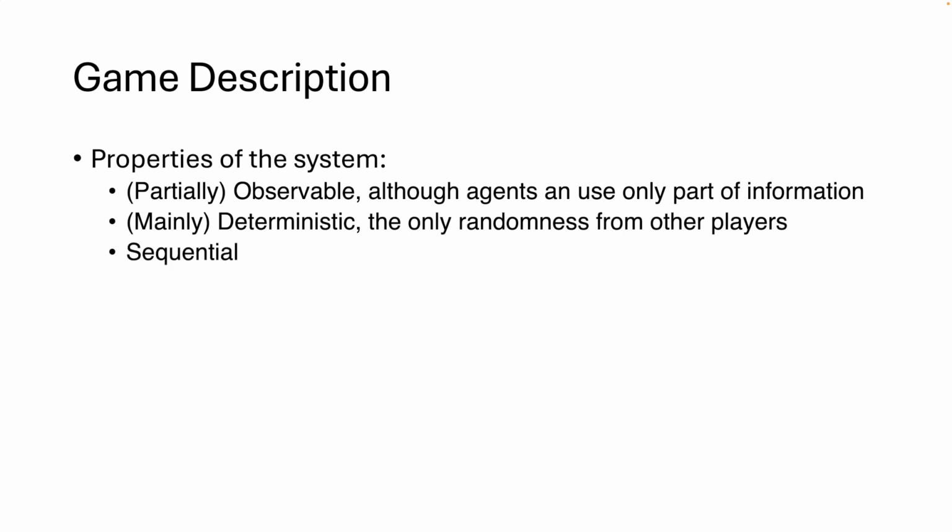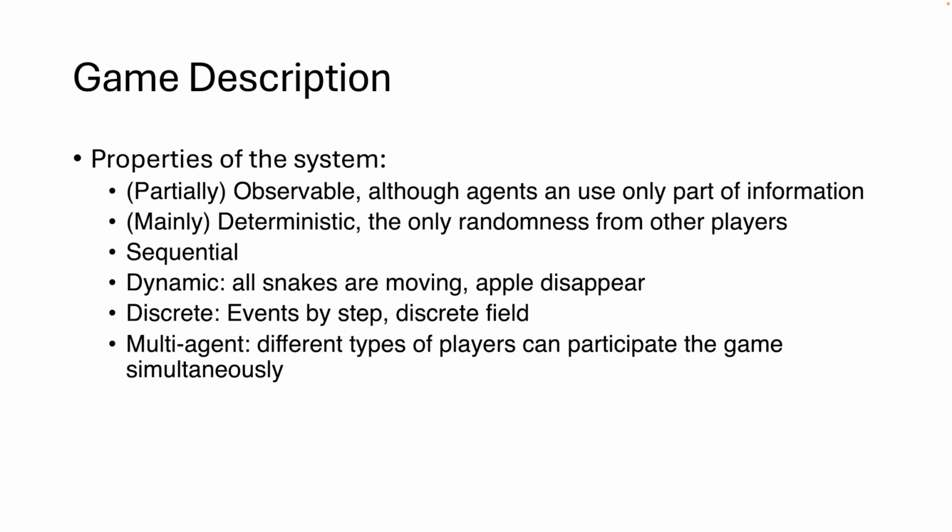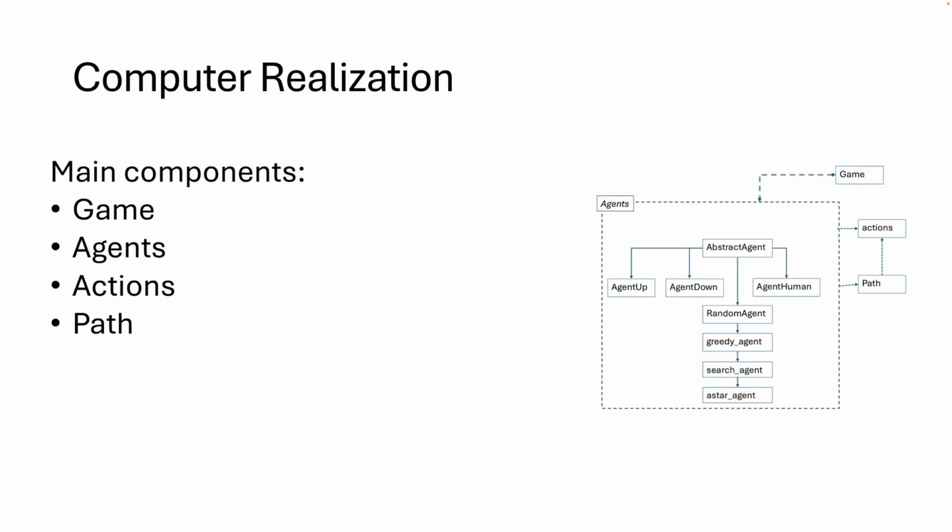It is episodic, since one game doesn't depend on the previous games. It is dynamic, since all snakes are moving, apples disappear, and so on. And of course, it is discrete, since each game goes in steps, the field is discrete, and so on. And it is a multi-agent game, since different types of players can participate in the game simultaneously.